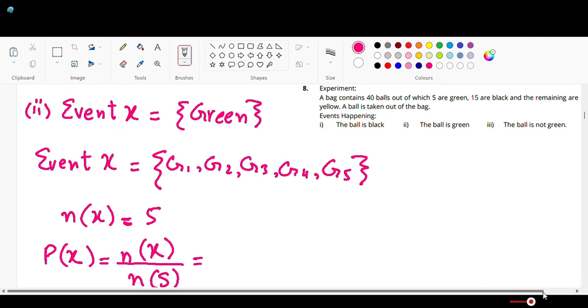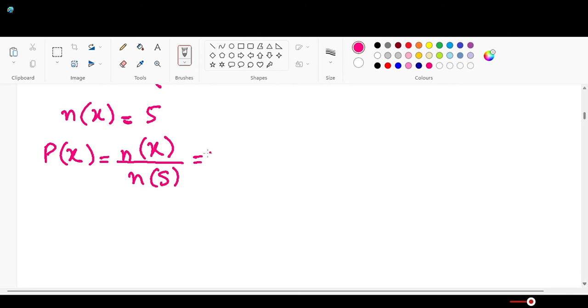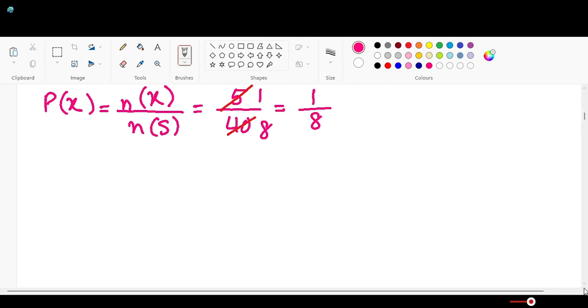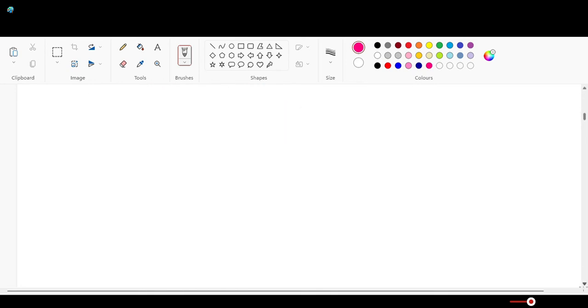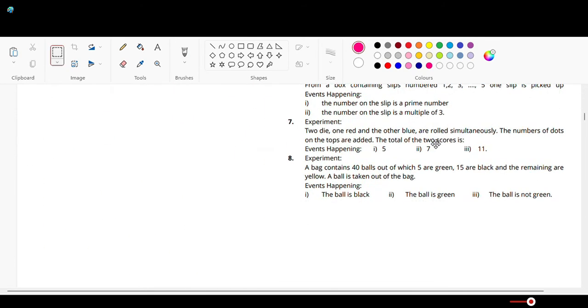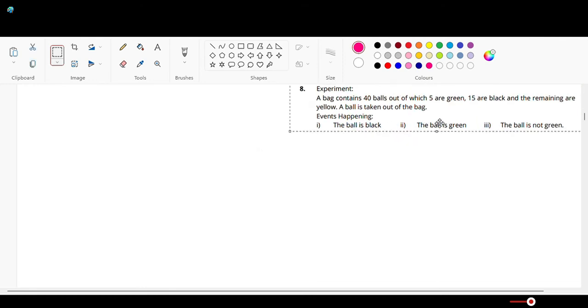So there we have it. 5 over 40, and when we simplify this, 5 ones are 5, 5 8s are 40, so we have a 1/8 chance of getting a green ball.